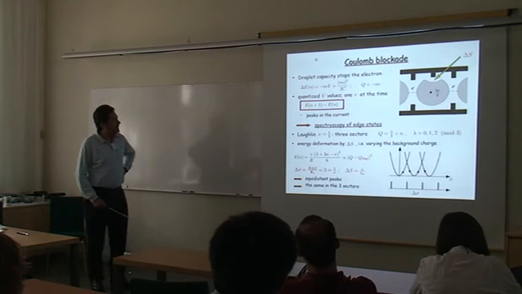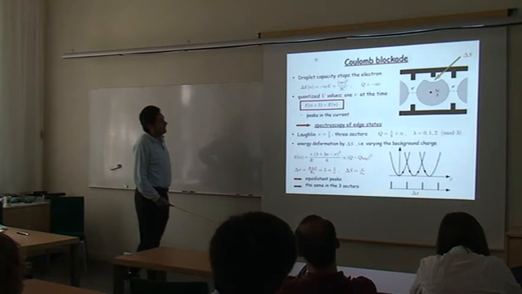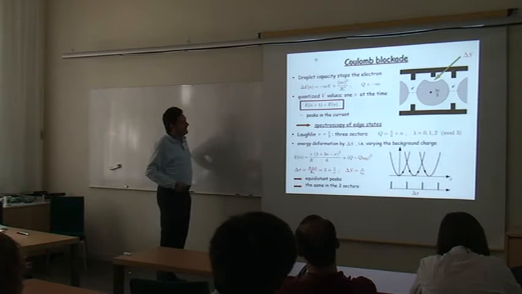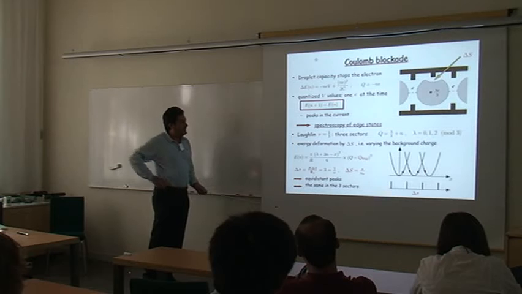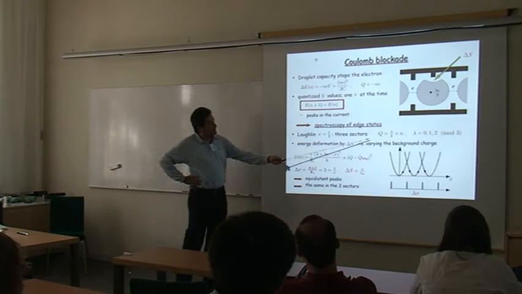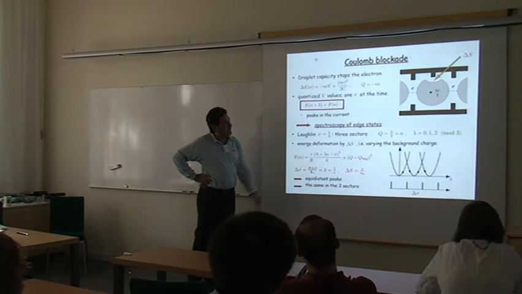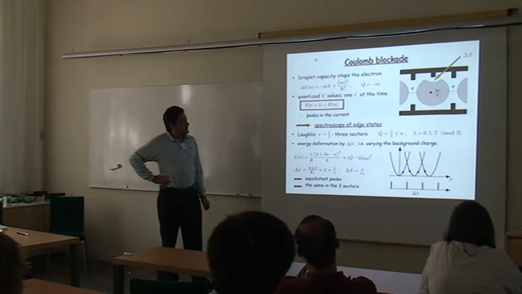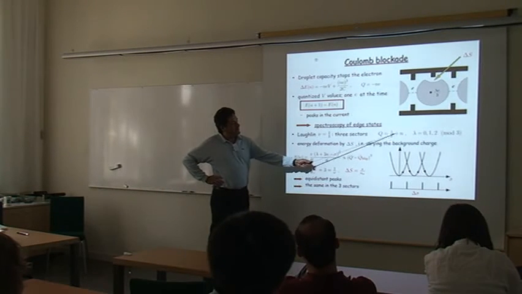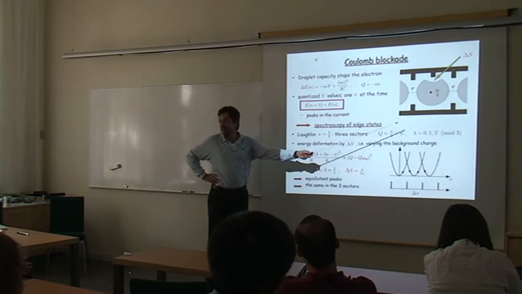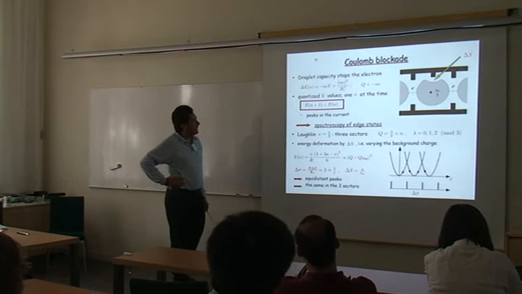For example, in the simplest one-third state, you know that there are three sectors of the theory corresponding to three values of the fractional charge. So when you add an electron, you stay in the same sector because you vary the charge by an integer value, okay? You go one to one-third, okay?